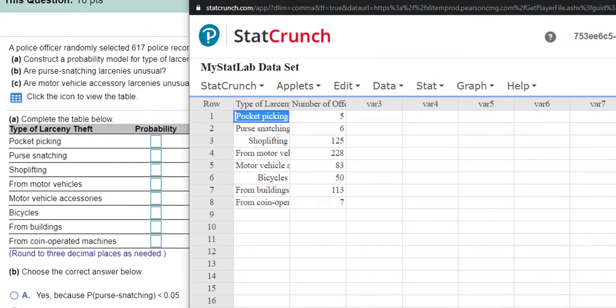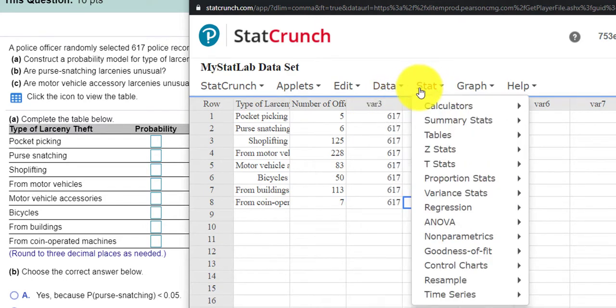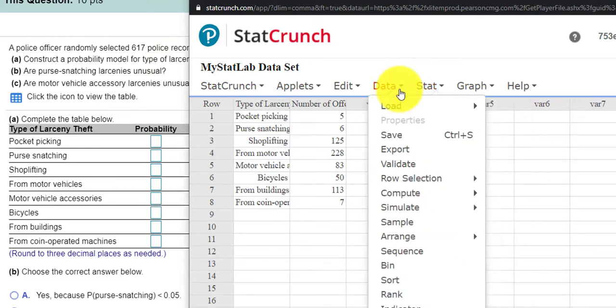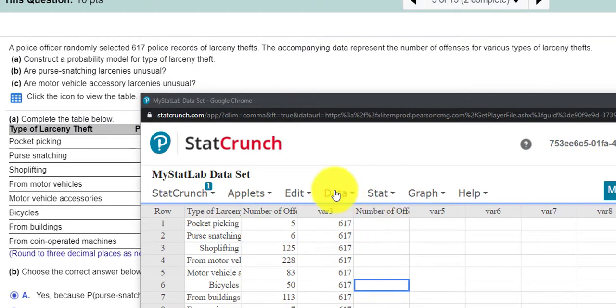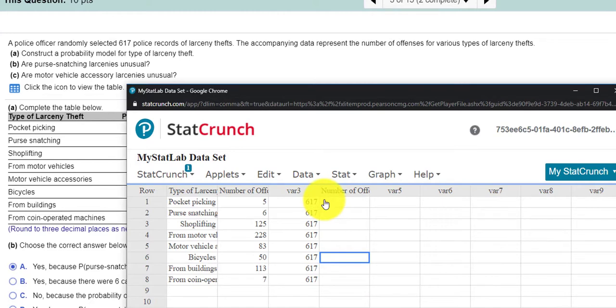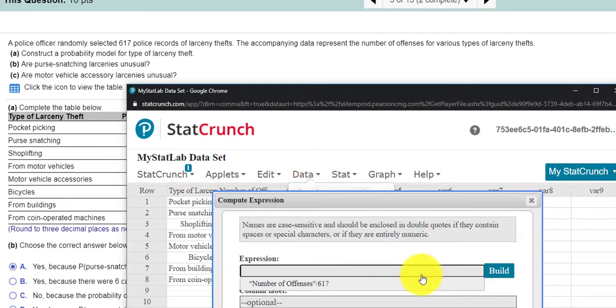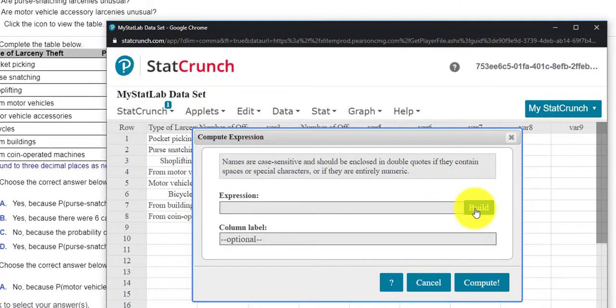So if I know I have to divide everything by 617, maybe I can create some type of formula using the expression formula. So if I click on data, compute, here we go, expression, I'm going to build an expression.